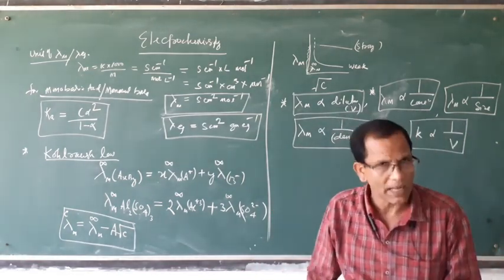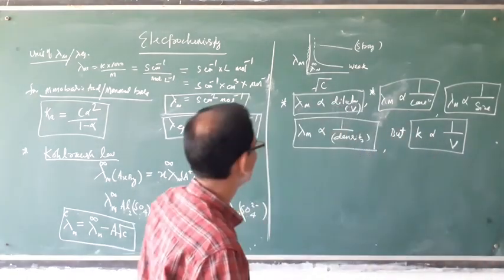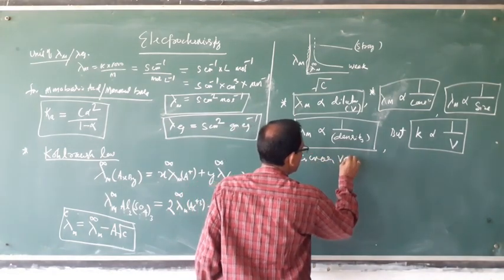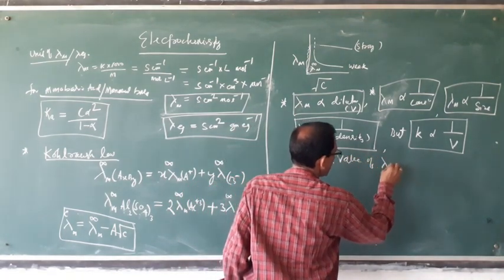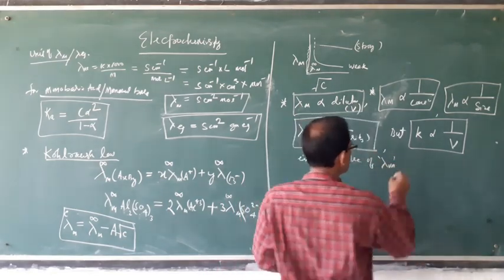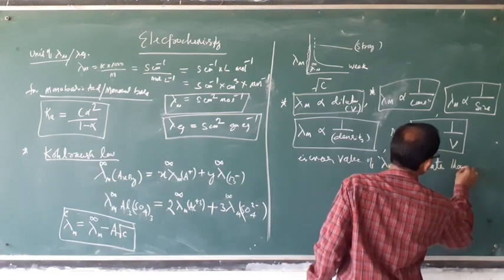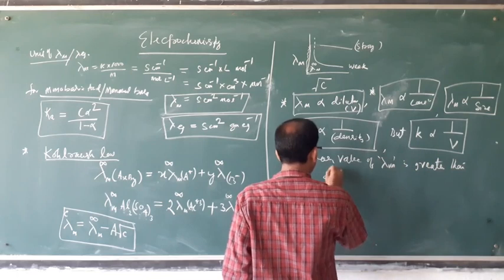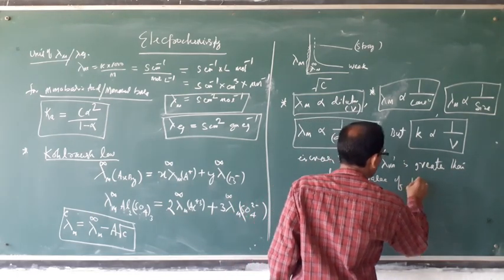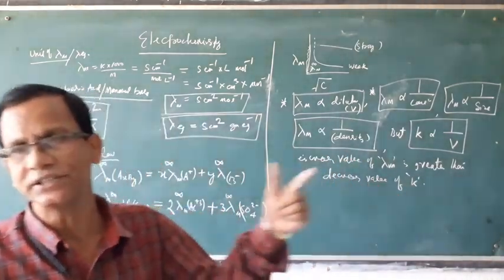The increasing value of lambda is greater than the decreasing value of kappa. That's why the resultant is increasing.